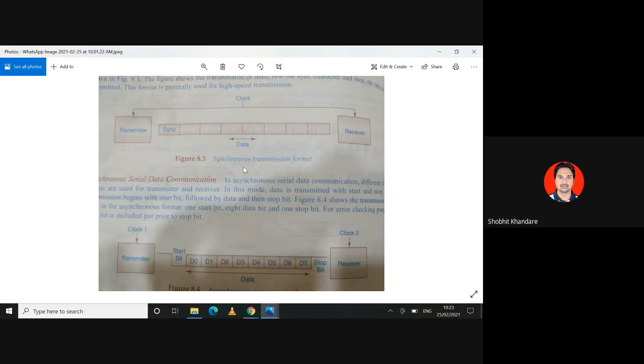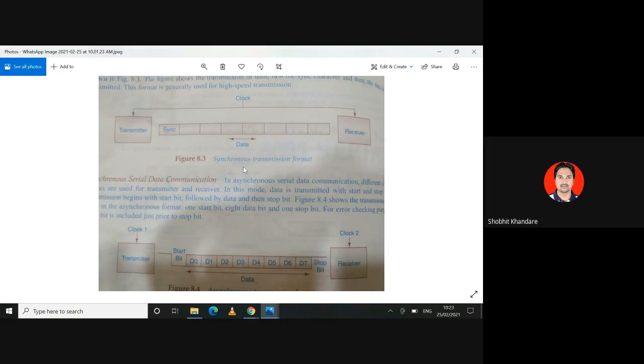So 9600 is a standard baud rate. So what did you write? In synchronous transmission, if data is transmitted with 9600 baud, it means that 9600 bits are transmitted in 1 second.